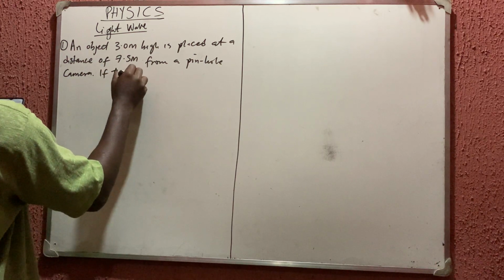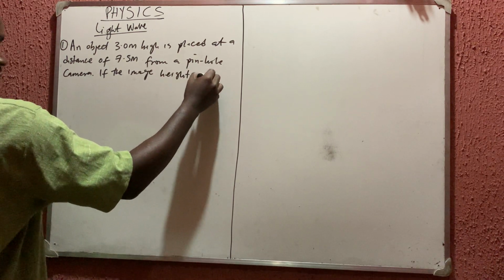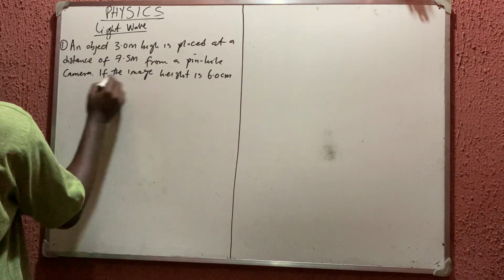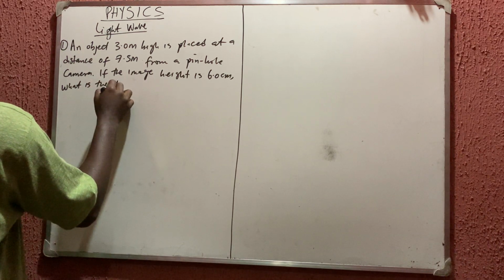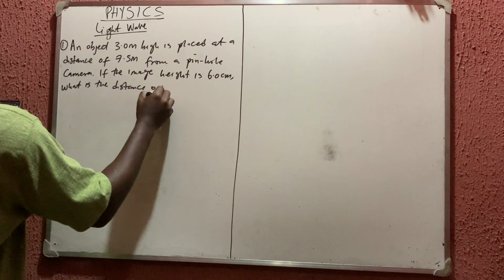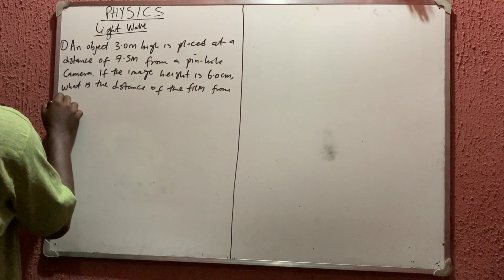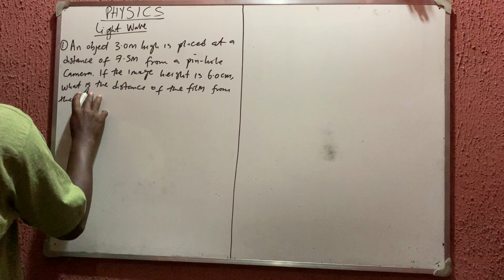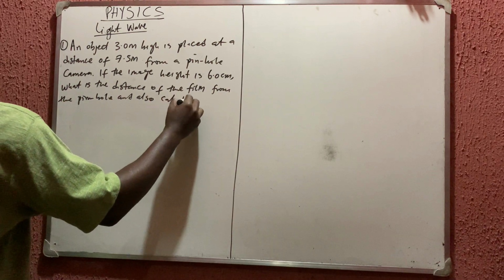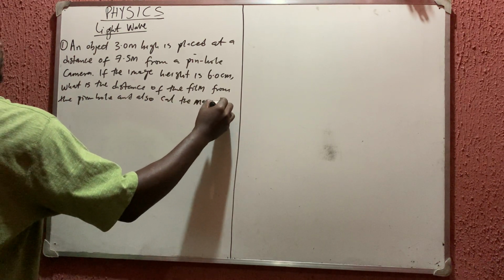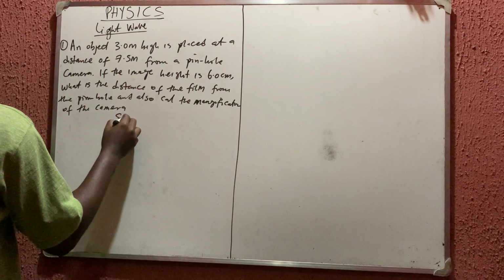Then I say if the image height is 6.0 cm, what is the distance of the film from the pinhole, and also calculate the magnification of the camera.